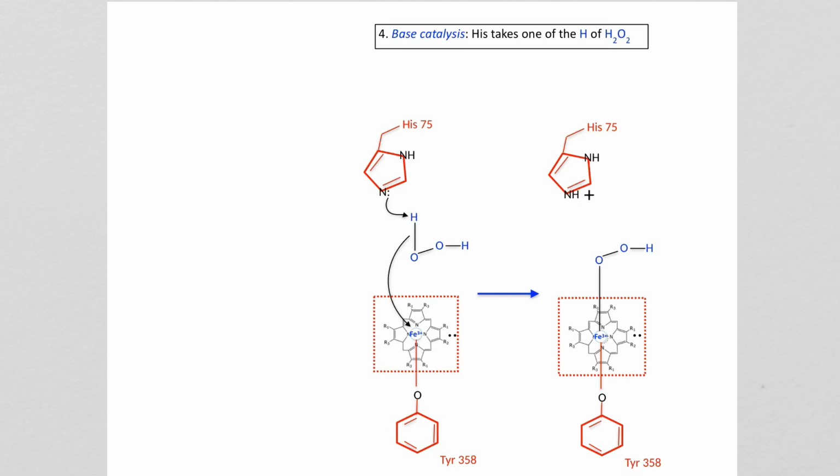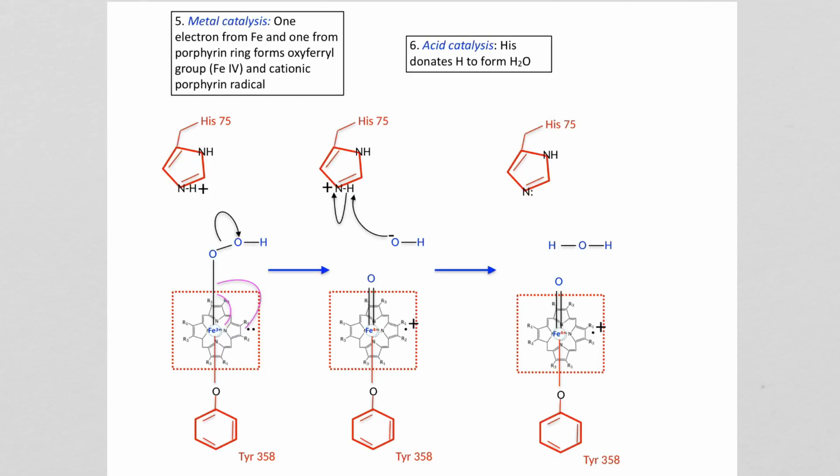This oxygen will now be attached to the iron atom. In the next step, one electron from iron and one electron from the porphyrin ring will be used to make another bond between the iron and the oxygen.